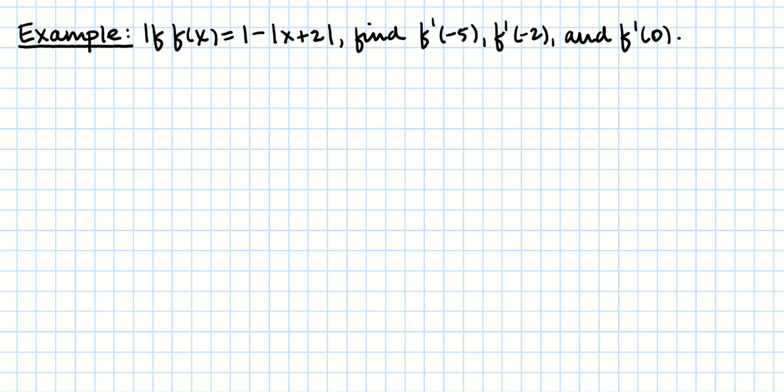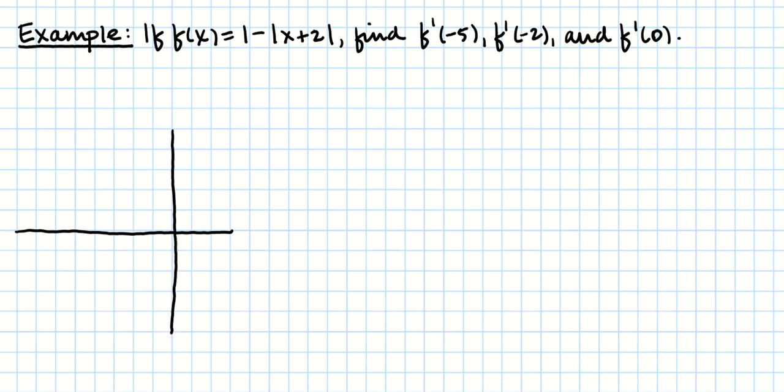Okay, now this next example, I'm going to need to draw a picture in order to find out these things, because we don't really have any derivative rules yet, especially not involving an absolute value. So I need to just kind of draw a picture here, and we can look at the slopes of this function. So 1 minus the absolute value of x plus 2. I'm going to need more room. I definitely didn't need that much in the positive x-axis.